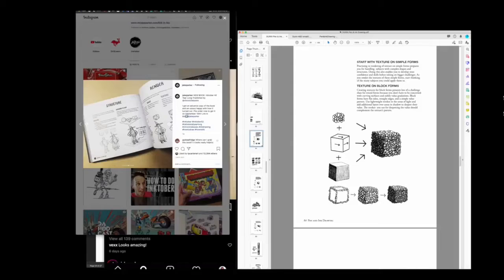Here it is. Texture, form, and value. Okay. This is another fundamental concept that we're talking about here.